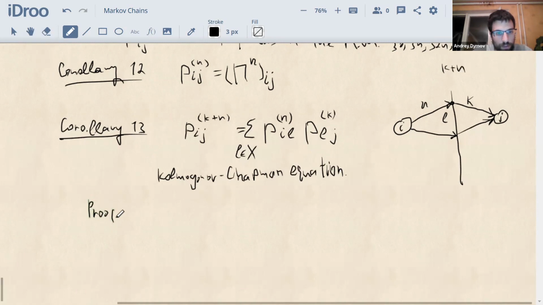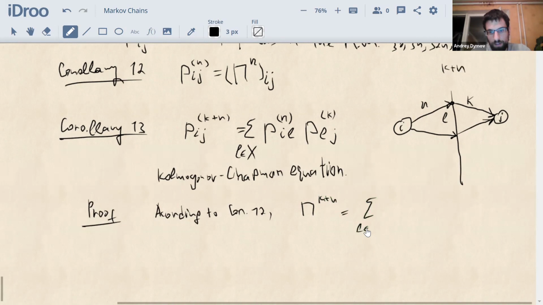Okay, so the proof of this corollary. The proof is trivial, because according to corollary 12, the left-hand side equals p to the power k plus n, and the right-hand side equals the sum over l, over all states, of p to the power n, its element number il, times p to the power k, its element number lj.